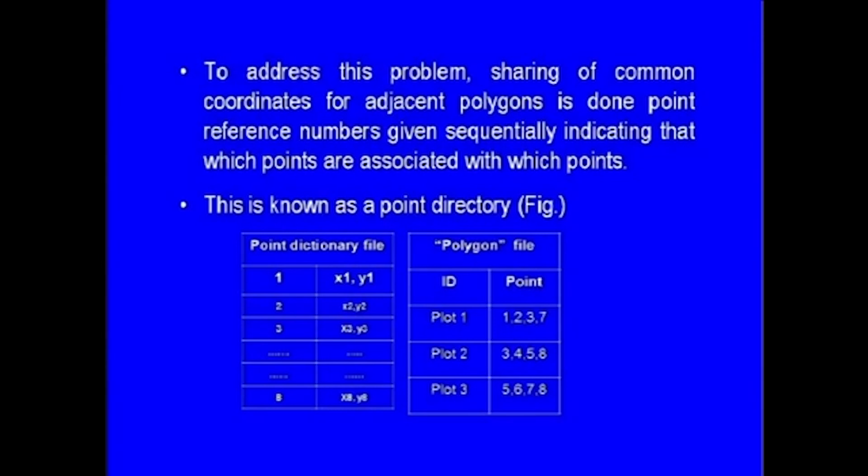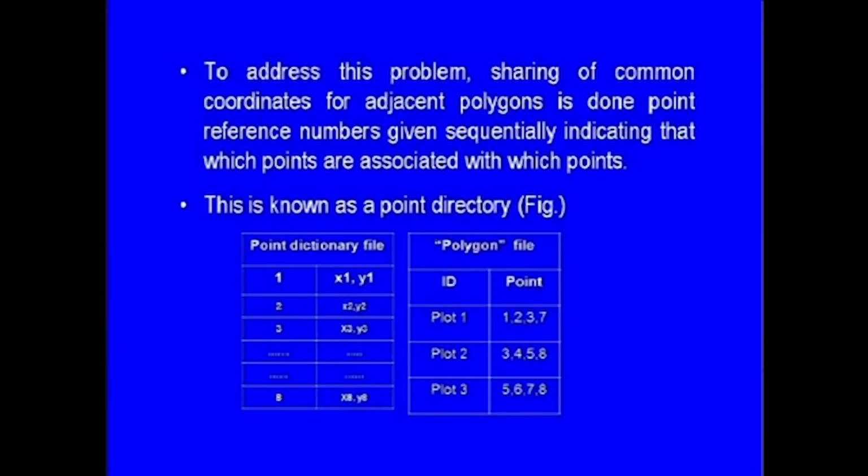This is supplemented by another file which describes the areal extent of each plot. This is what we call a polygon file, which consists of two pieces of information: first the identity, and second the points which connect this particular polygon. Under ID we have plot 1, and under the point column we indicate points 1, 2, 3 and 7 to form this plot.